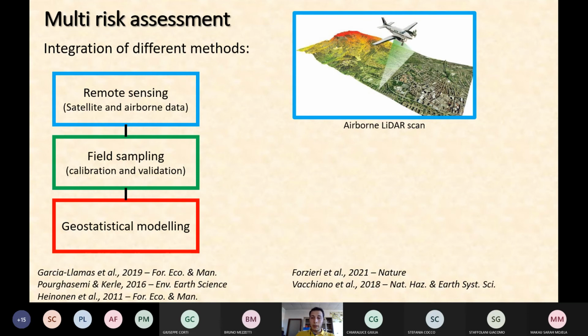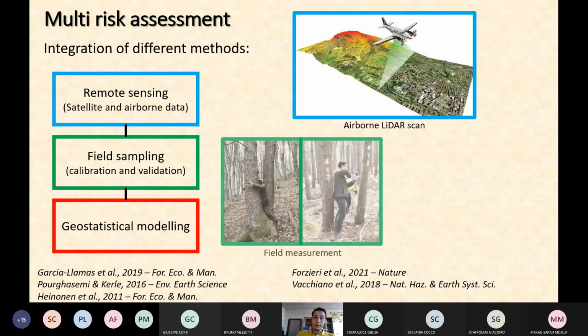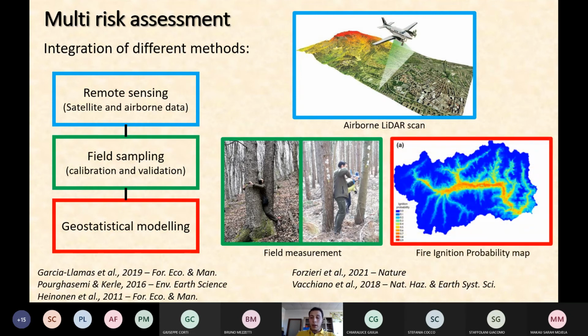But we also need field sampling, which can be used for calibration and validation of the data that we obtain with remote sensing, and both these methods are important and contribute to the geostatistical modeling that can assess disturbance severity and degradation risk prediction through time.